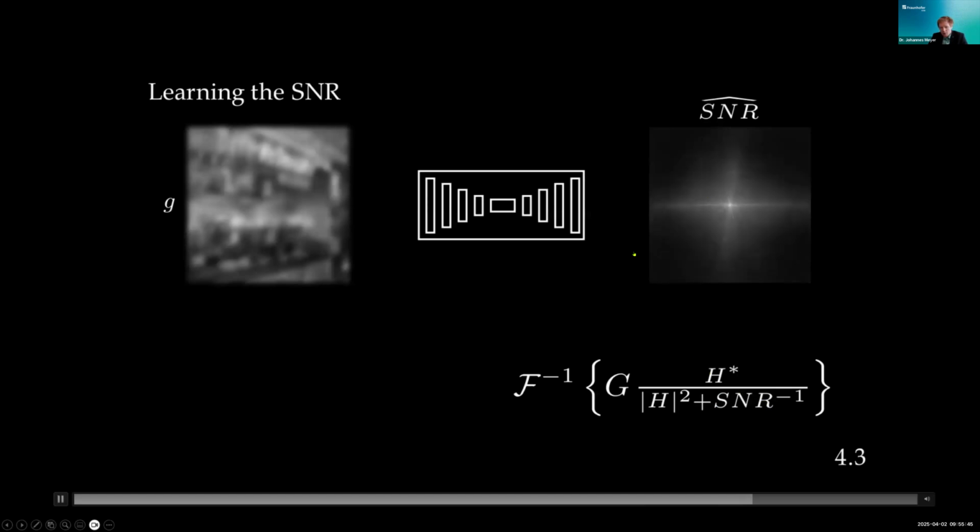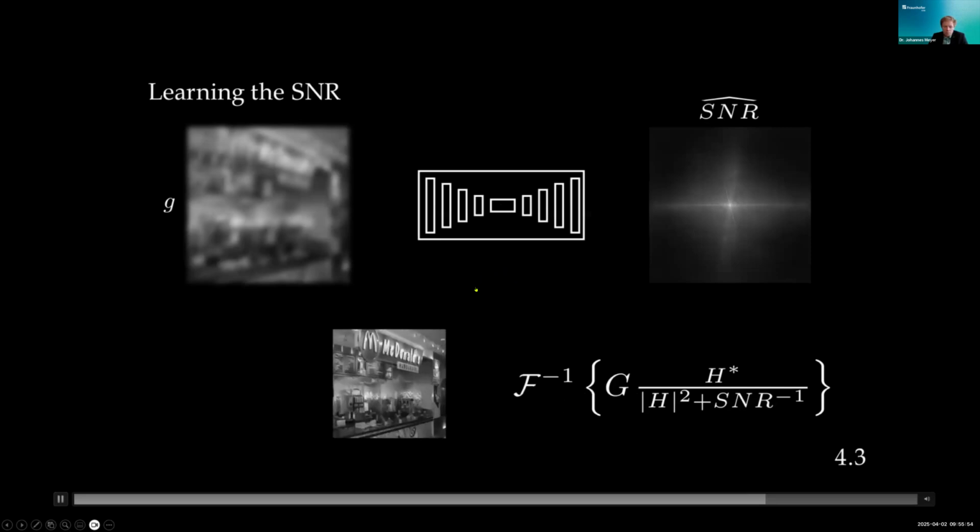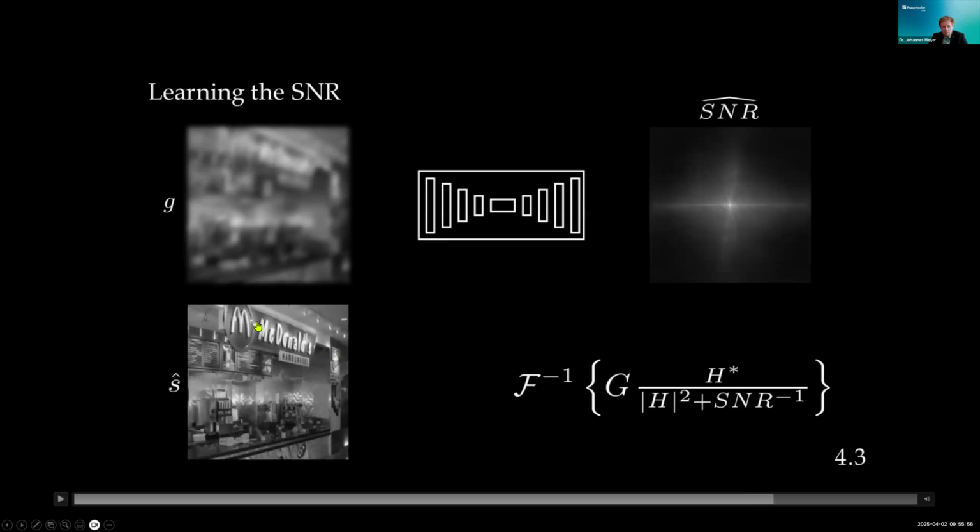And now we can insert this output from our network for the signal to noise ratio, compute the Wiener filter, do an inverse Fourier transform, and then we will get a crispy, clear reconstruction of our blurred observation.